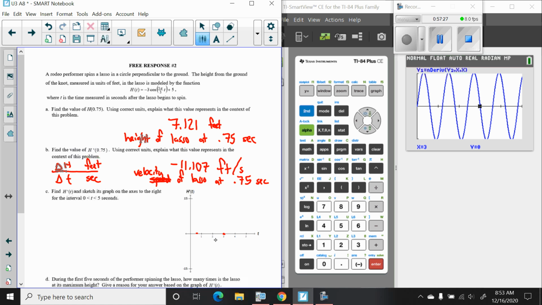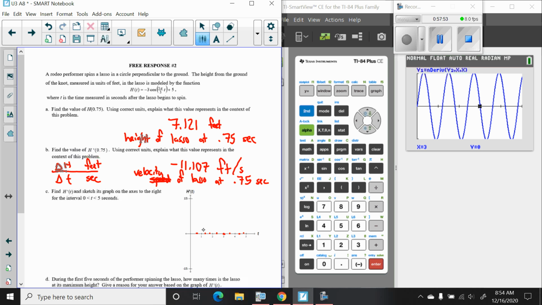We got a 0 a little bit after 1. We got a 0 a little before 2, and a little after 2, and at 3, and before 4, and after 4, and before 5.